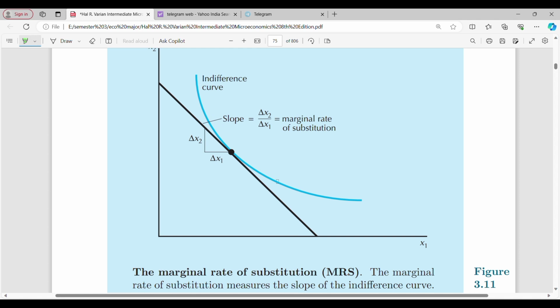So this is the indifference curve, and this is the slope of the indifference curve. So how will we measure it? What is slope first of all? It is the change, right? So here, let me mark it like this.